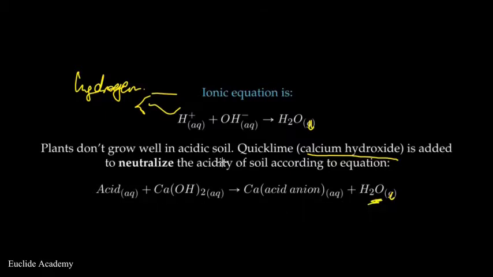So this is how we can use chemistry in real life. We can apply chemistry in farming to neutralize the soil. When the soil is acidic, we can add quicklime, which is calcium hydroxide, to neutralize the acidity of the soil, and that follows this equation here.